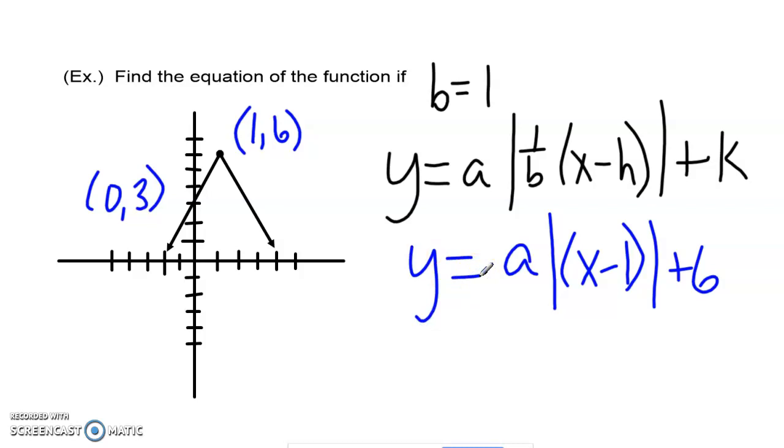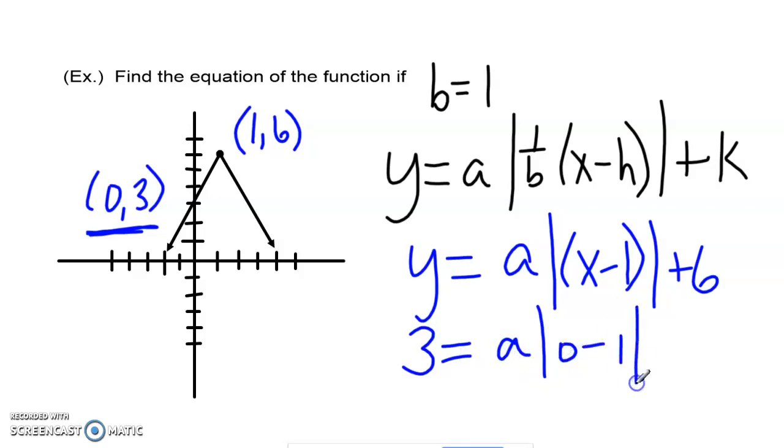Step 2, now we're going to use the given point that we have and use that for x and y in the remaining equation. So where I see y, I'm going to put the y value of the point that is not the vertex. And then where I see x, I'm going to put the x value of the extra point that we found.